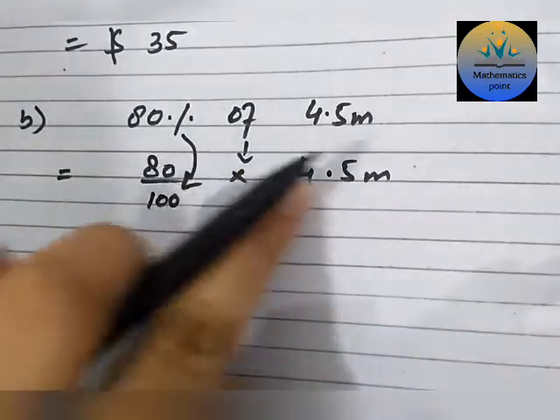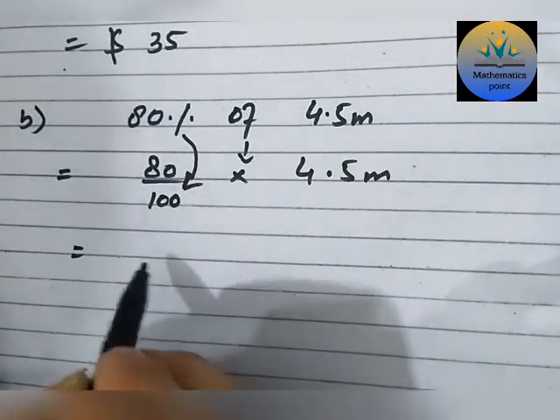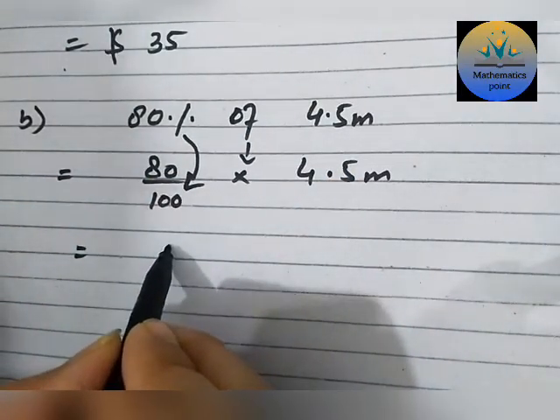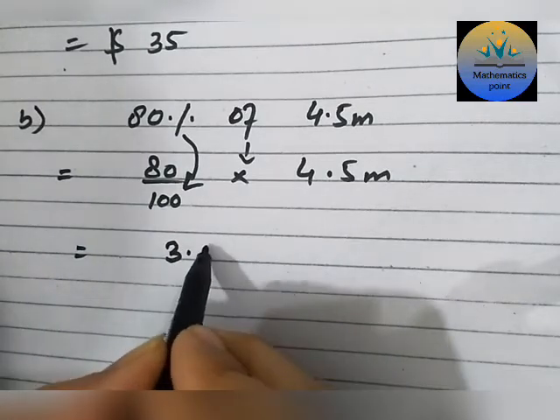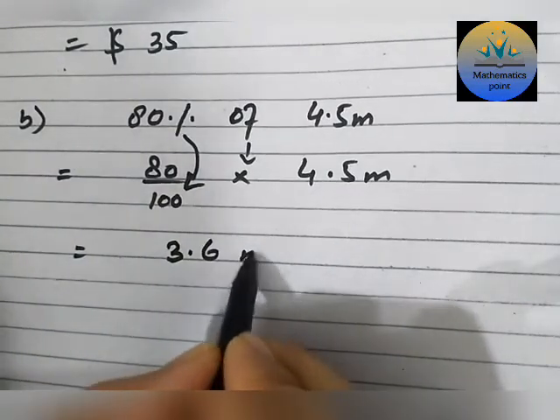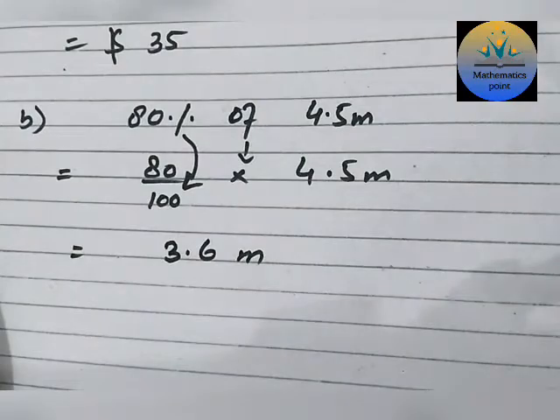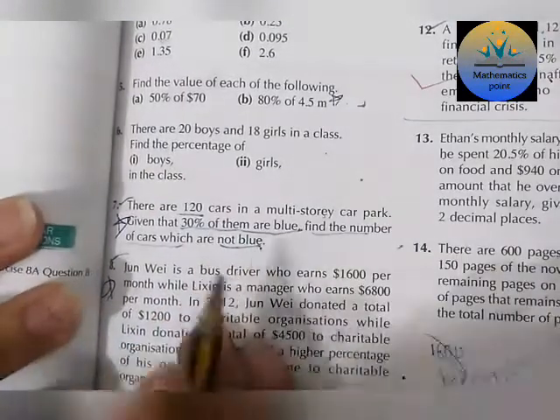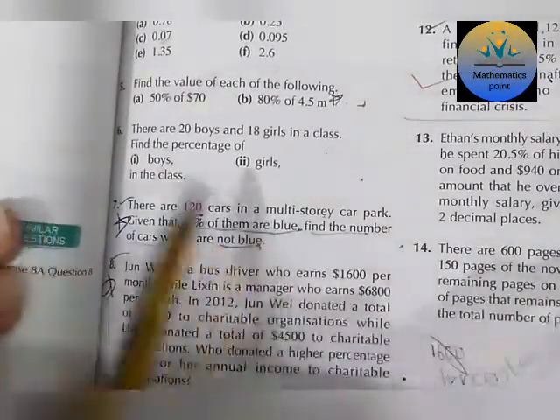So 80% of 4.5 meter will be 3.6 meter. Now move towards our question number 6 of exercise 8A.